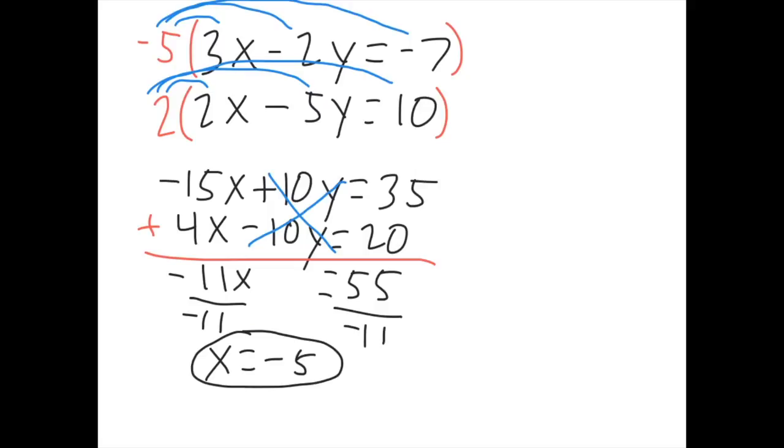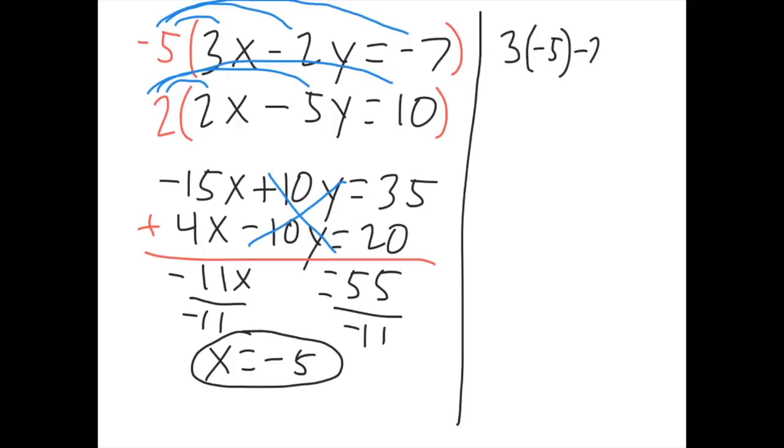So we've got 3x, but now instead of x, it's negative 5, minus 2y equals negative 7. So that'll give us negative 15 minus 2y equals negative 7, and then we solve for y.